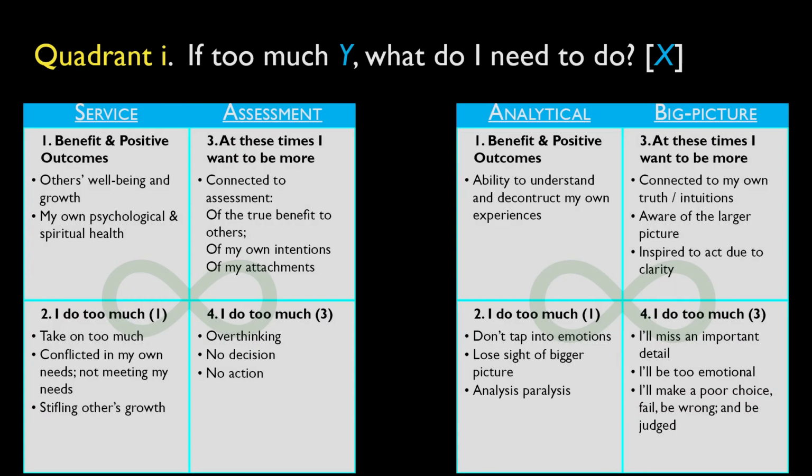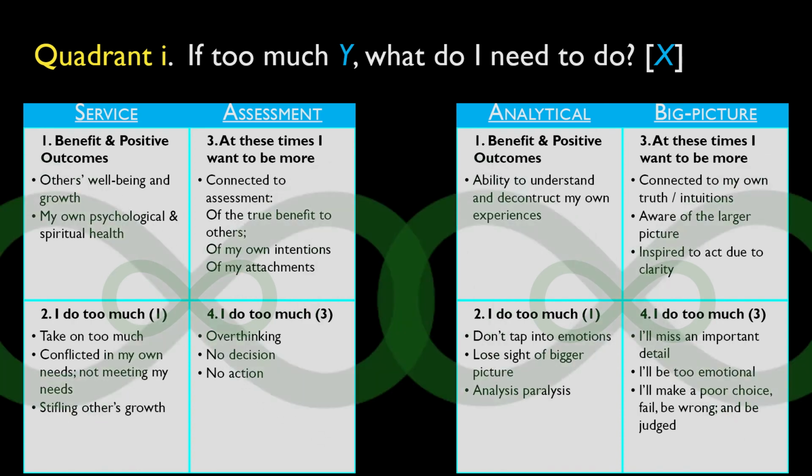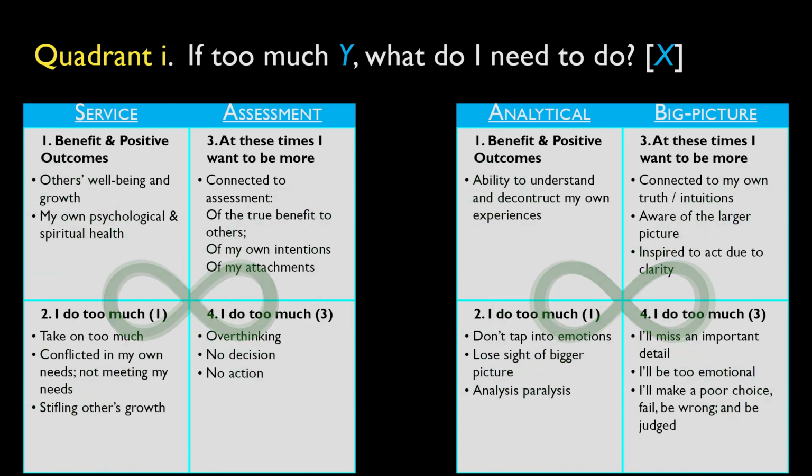Return back to X, return back to service. Forget about all those questions, trying to figure out everything down to the minute detail. You feel like you want to give, just serve. And so you see overlaid here the infinity symbol. We continue to move around these quadrants, balancing out.